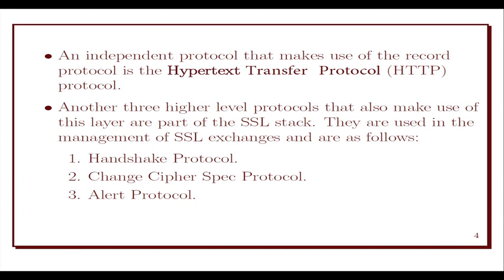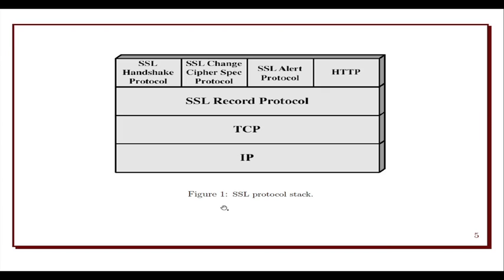So SSL has two layers: one is the SSL Record layer, and on top we have four protocols. This is the structure of the SSL protocol stack. We have the IP stack, and on top of that the TCP stack. On top of the TCP stack we have the SSL layer.